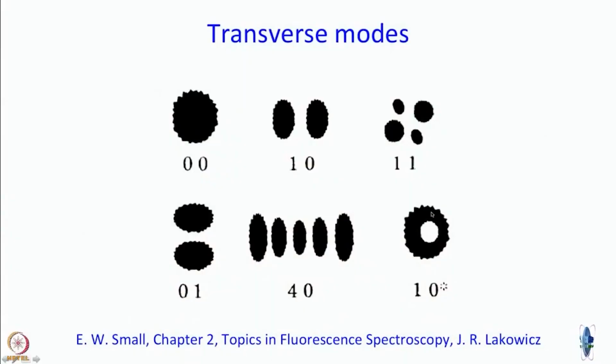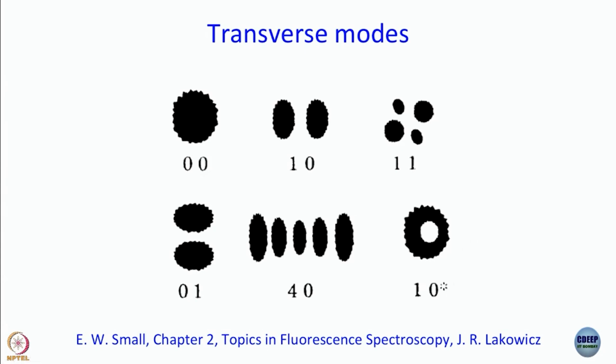Now, the last, so you can go on and on. These modes, what about this? Is there a node here? You have what looks like a 0,0 mode, but then there is a hole punched in it. This is called in colloquial terms a donut mode, 1,0 star.